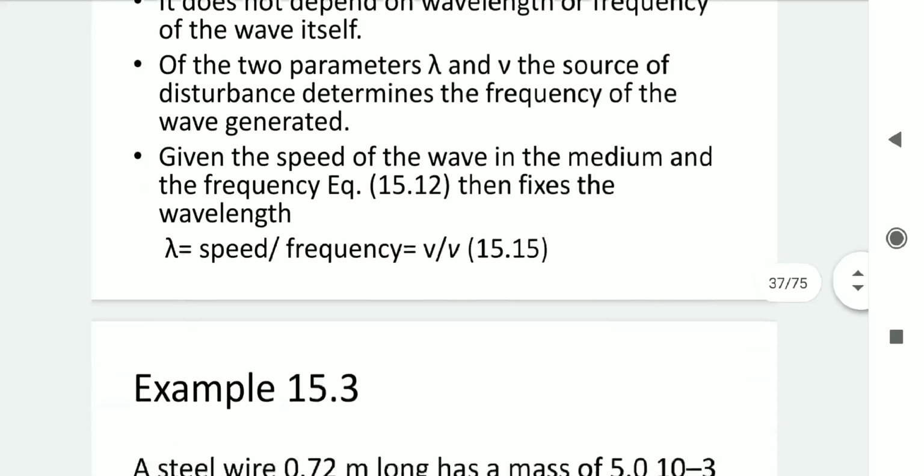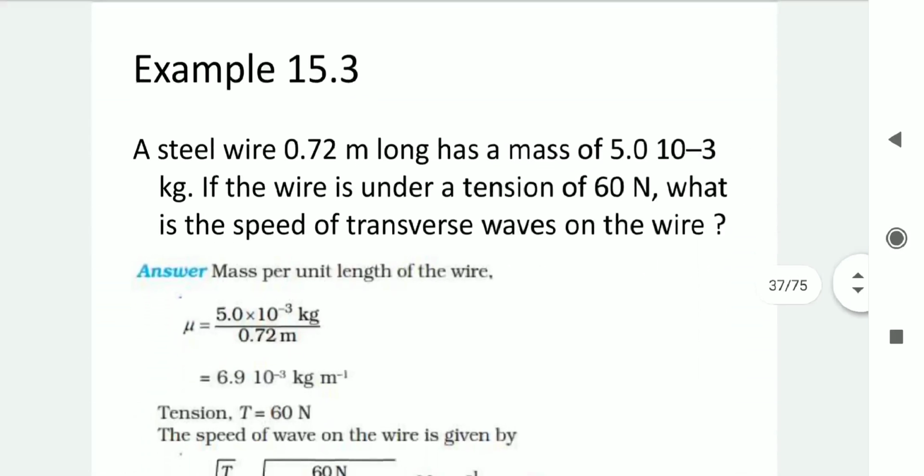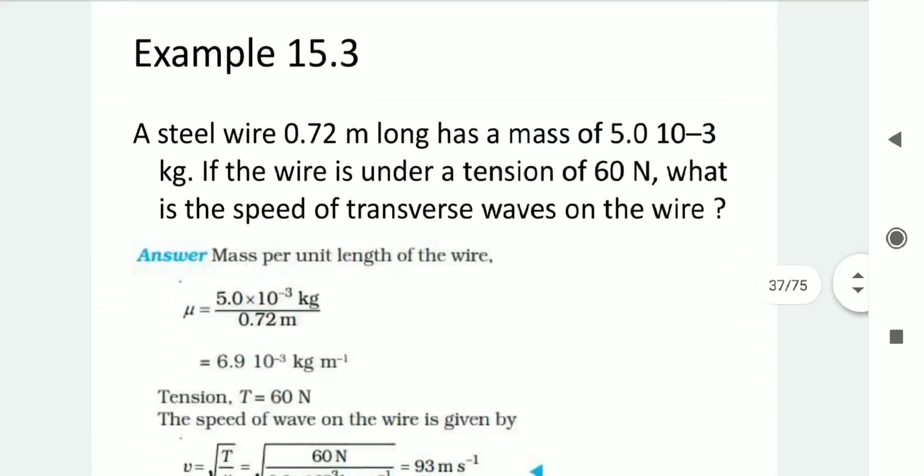Let us understand it with an example. A steel wire 0.72 meter long has a mass of 5 into 10 raised to minus 3 kilogram. If the wire is under a tension of 60 Newton, what is the speed of the transverse wave on the wire?